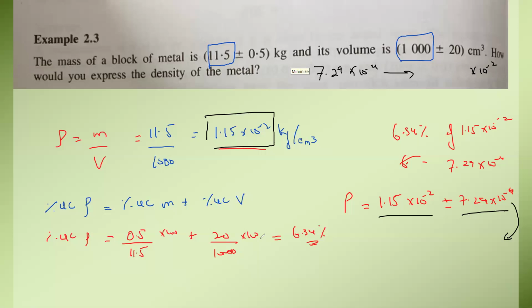That's good. I want to convert only into 10 to the power negative 2. I just want to move the point. We have the point here, so I want to move the point 2 decimal places. So this will be equivalent to 0.072 into 10 to the power minus 2.